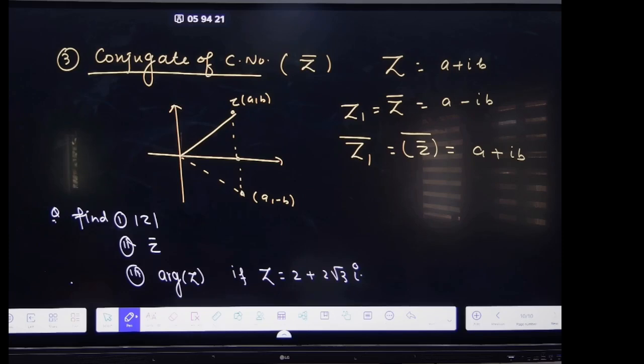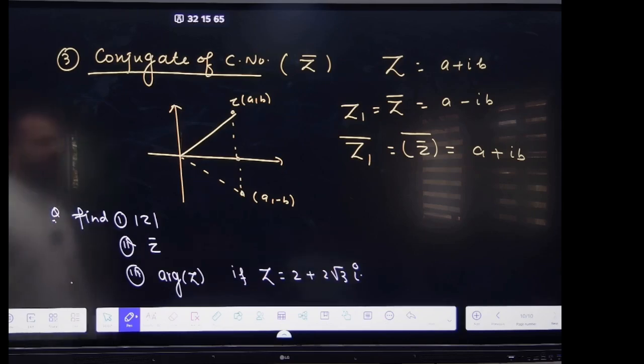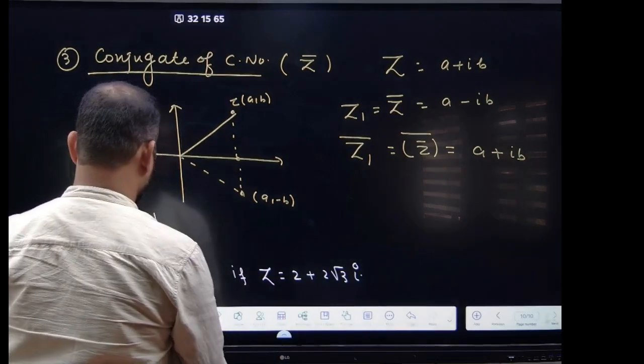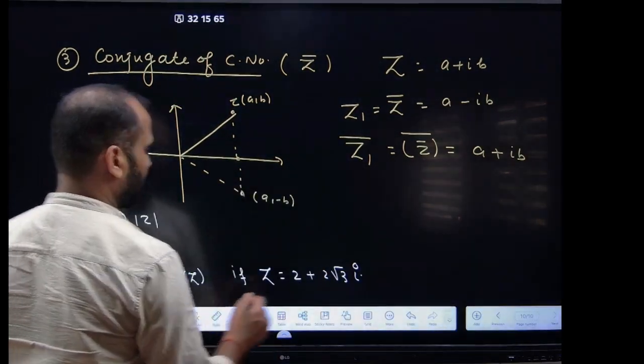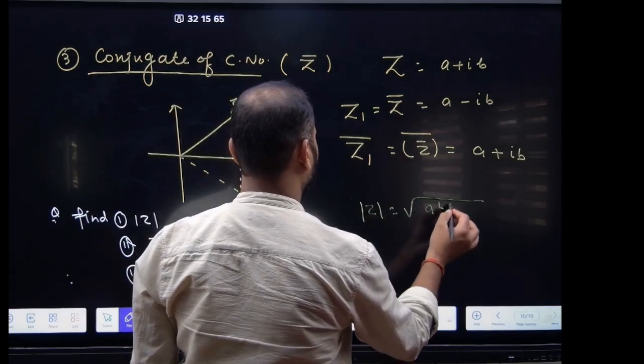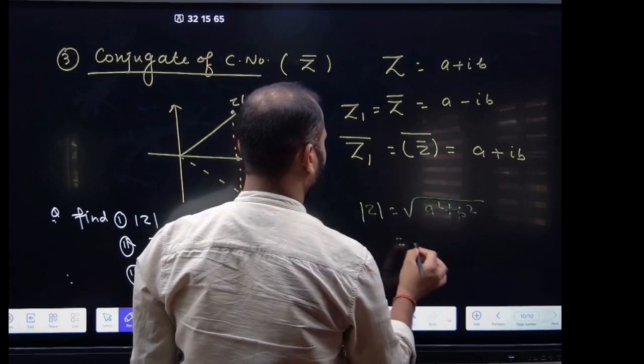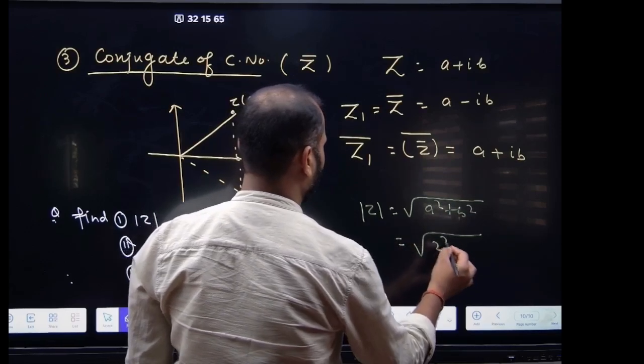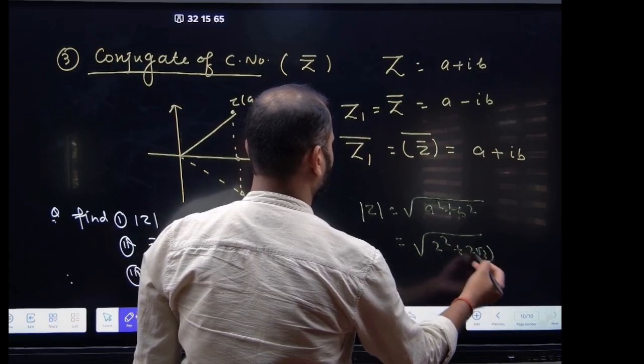What is the answer? Should I calculate one by one? Just see how to calculate. So you want mod z of that. Mod z is nothing but root under a square plus b square, right? a is the real part, b is the imaginary part.